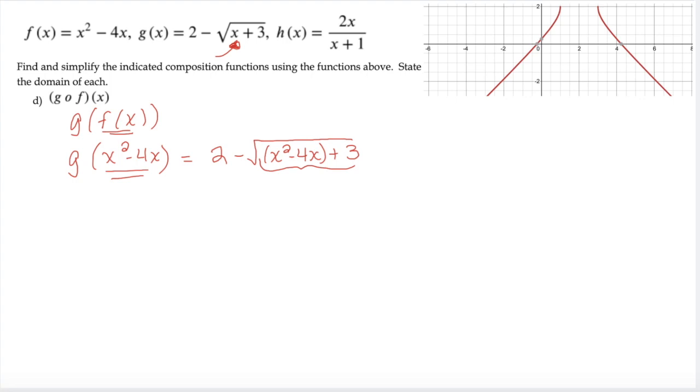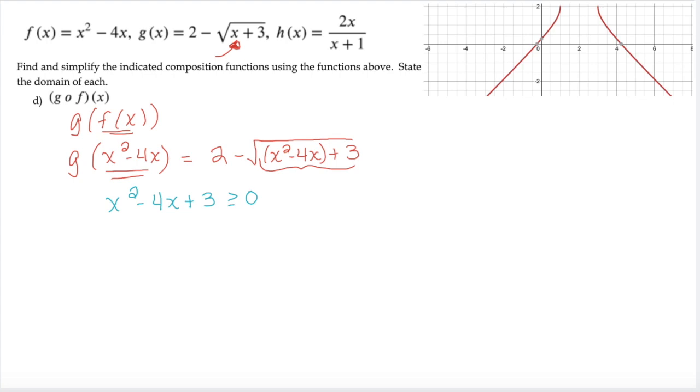If I were to simplify underneath the radical, we could easily just get rid of our parentheses because there's nothing that we're distributing, no negative to distribute, no value to distribute. And we can't actually combine like terms because it is just 3 values underneath. So underneath the radical, I need to make sure that x squared minus 4x plus 3 has to be greater than or equal to 0 because of the radical.